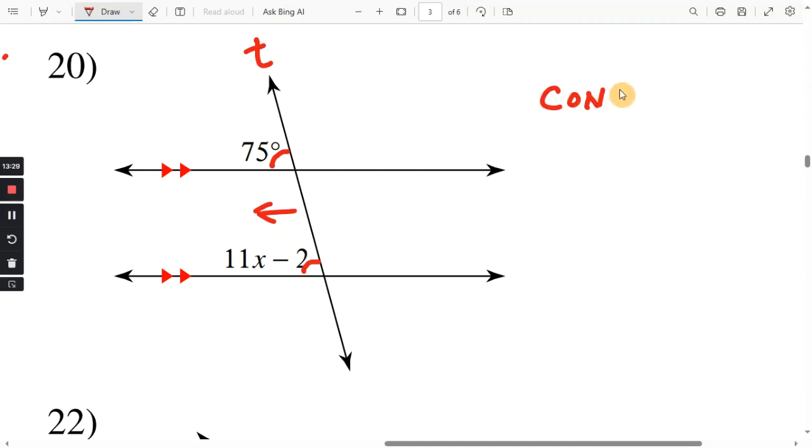But if you look at it, this one here is on the exterior, and this angle here is on the interior. So they're not going to be consecutive. What they are going to be is corresponding.